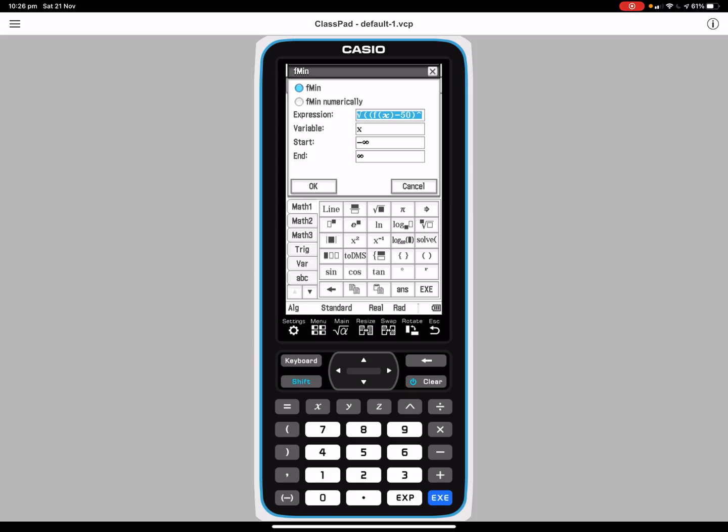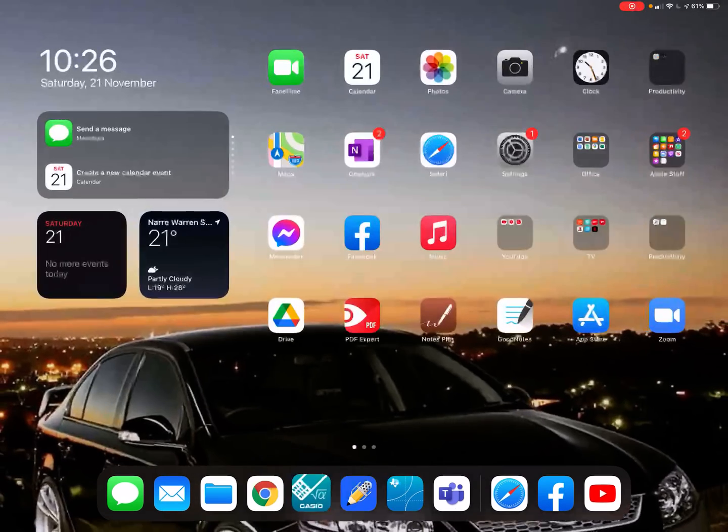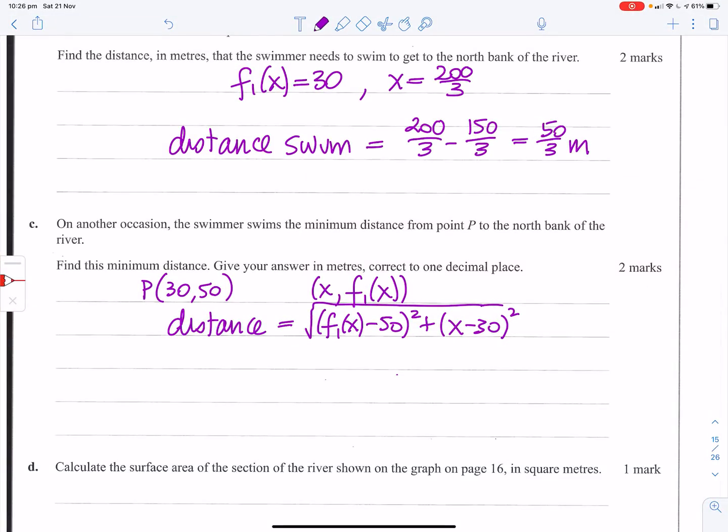We know it's between like 0 and 100. Okay. Have I stuffed something up here? f of x minus 50 squared, x minus 30 squared, because it's got to be bigger than that.